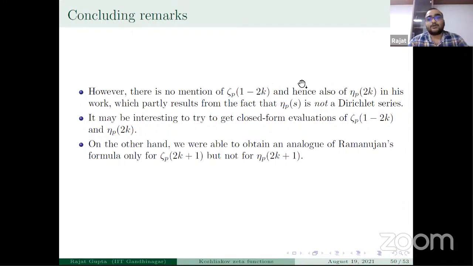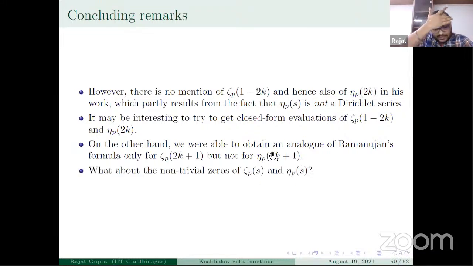On the other hand, we are able to obtain the analogous formula for zeta p of 2k plus 1, but not for eta p of 2k plus 1. So it would also be interesting to obtain the formula for eta p of 2k plus 1. And the main question was: what about the non-trivial zeros of zeta p and eta p of s? So this is the current work which I am doing with Professor Dixit.